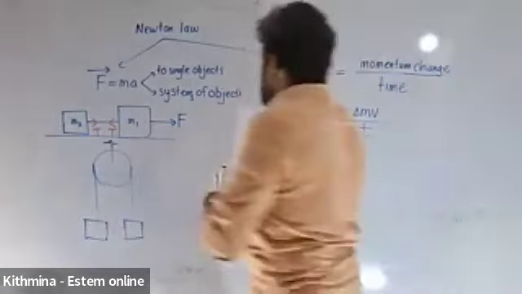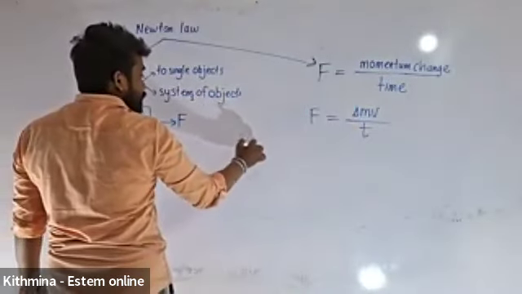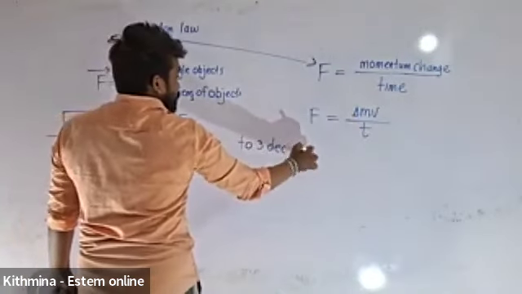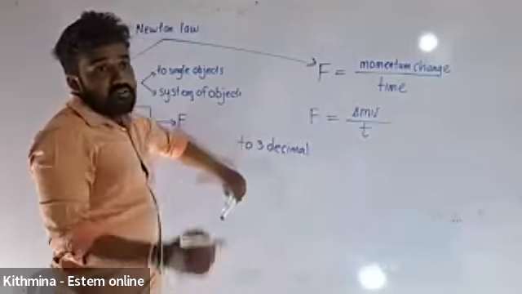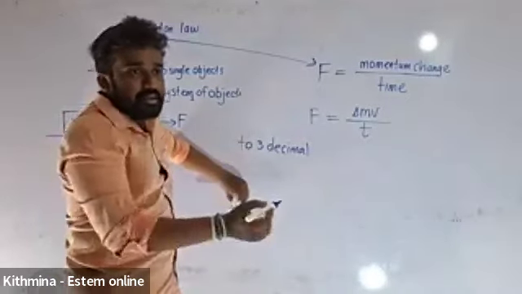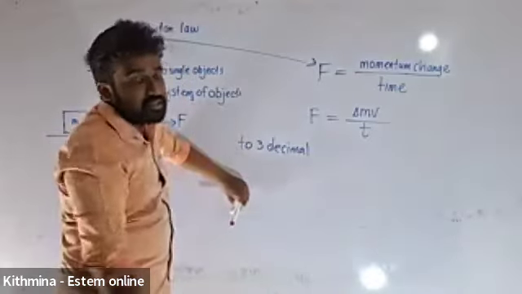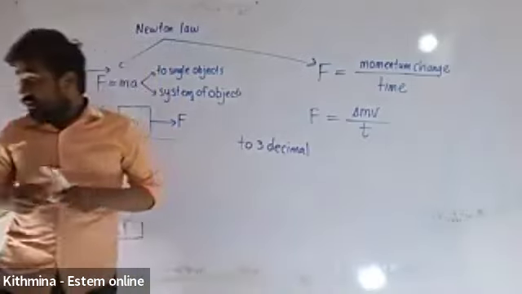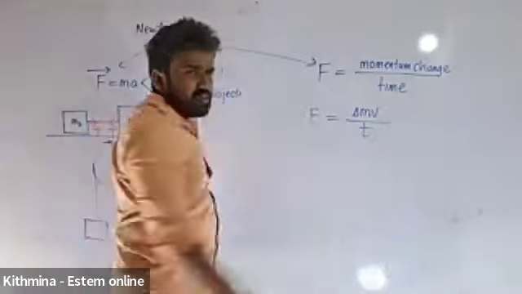It means you should simplify. You should simplify your final answers to 3 decimal places and round off to 2 decimals. Okay, that's the standard method that we keep, the professional method.